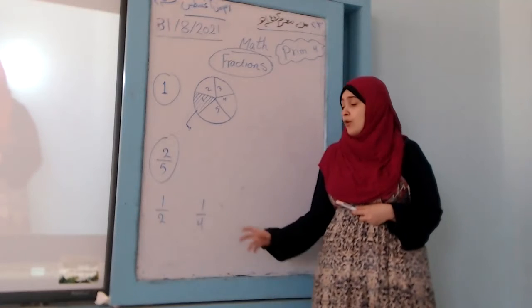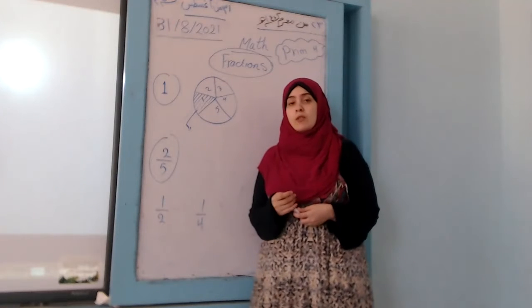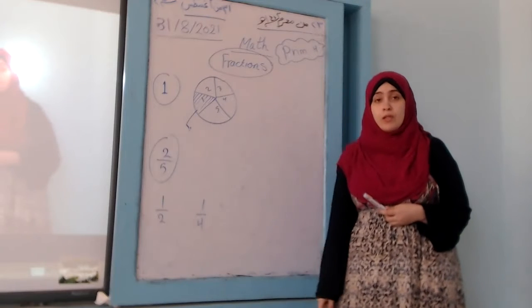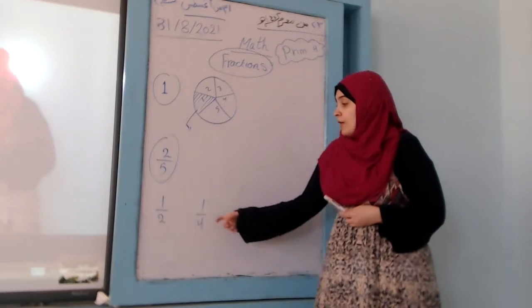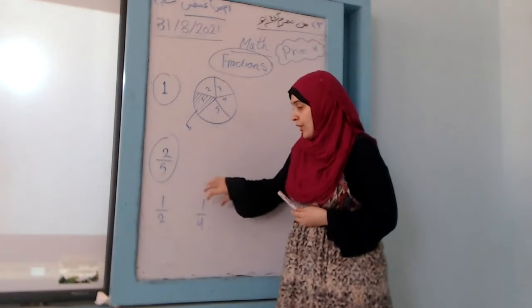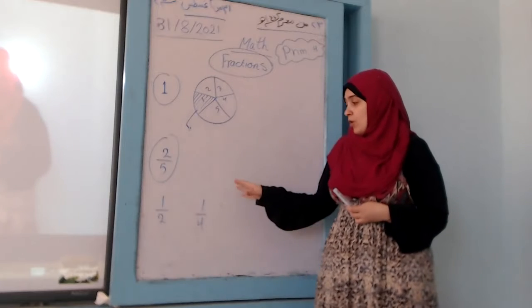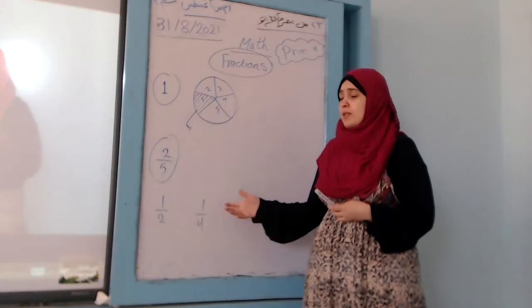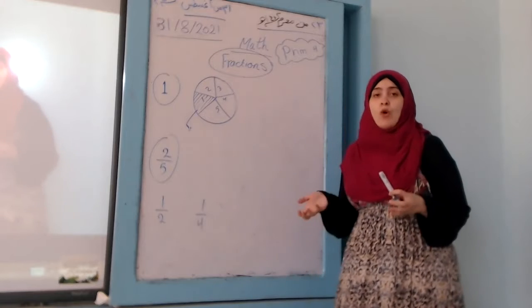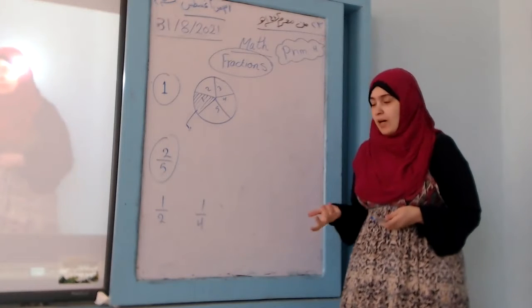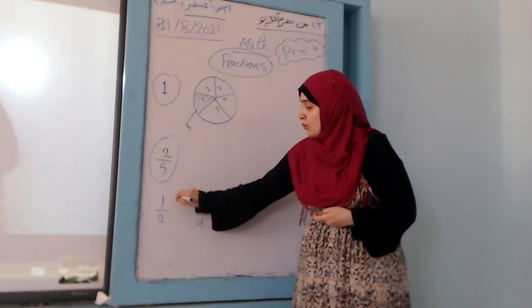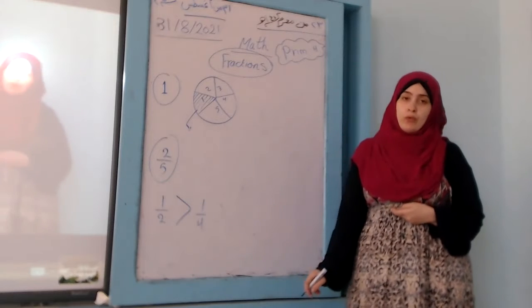If the numerator is the same and the denominators are different, then the big one is small and the small one is big. How? 2 is smaller than 4, so 1/2 is greater than 1/4.